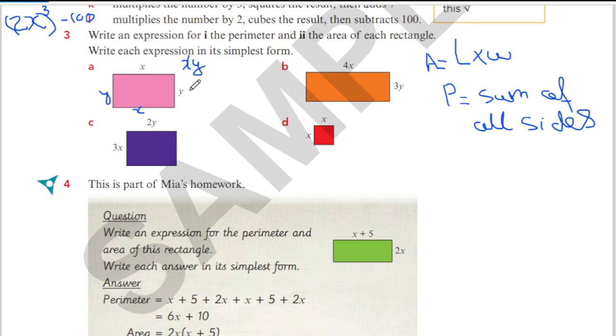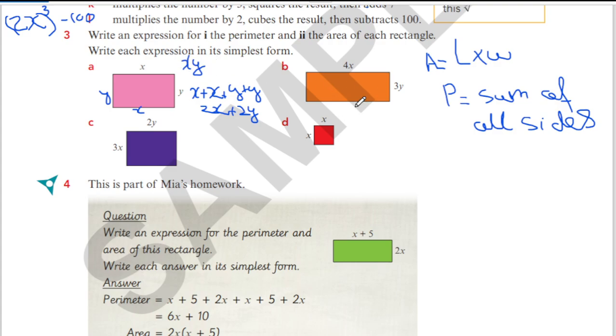So the perimeter will be x plus x plus y plus y, so the answer will be 2x plus 2y. So the perimeter of part A is 2x plus 2y and the area is xy.